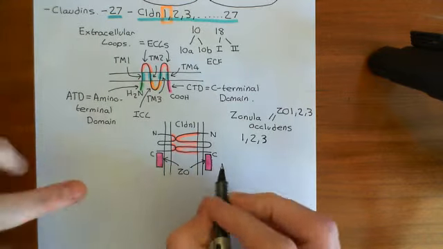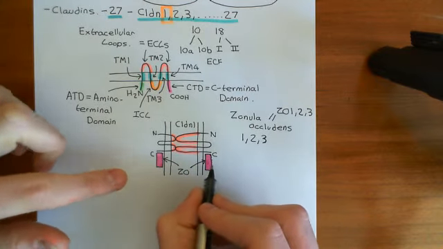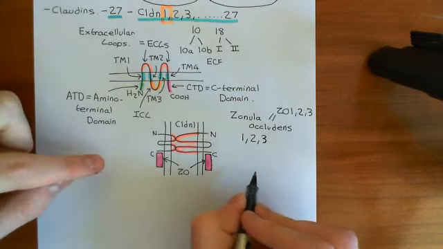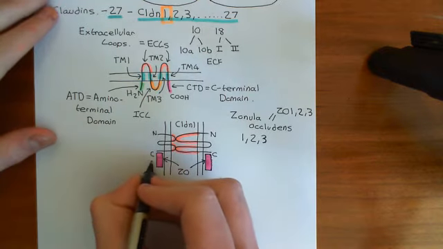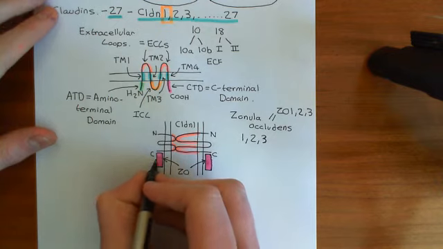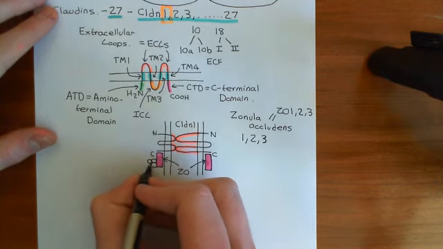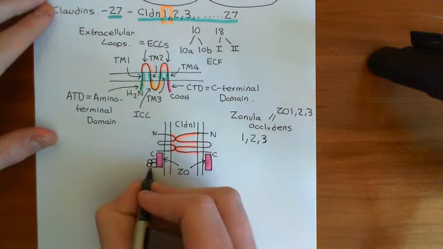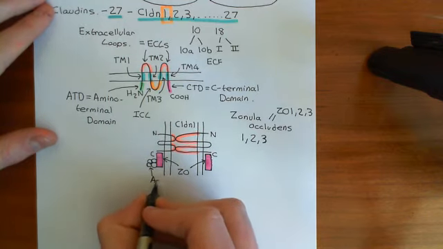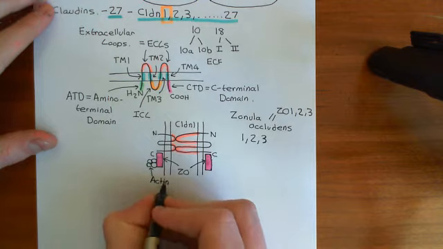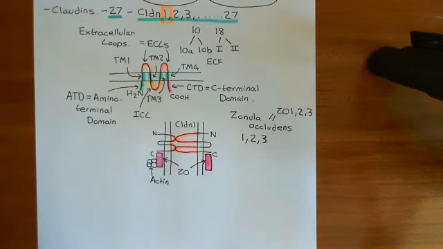The zonular occludins proteins then bind to actin filaments of the cytoskeleton. I'll just draw a little portion of actin here. There's our actin filament, or the beginning of it, which, remember, consists of two intertwined alpha helices of actin filaments attached to one another.